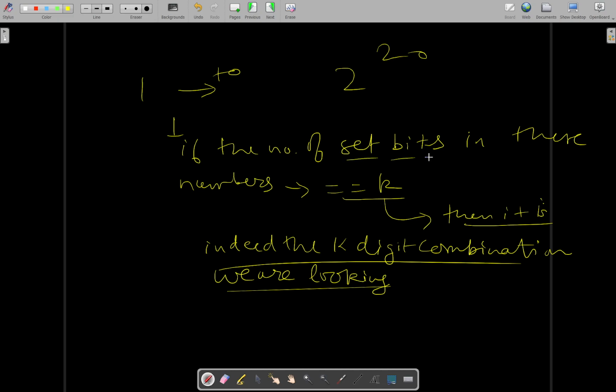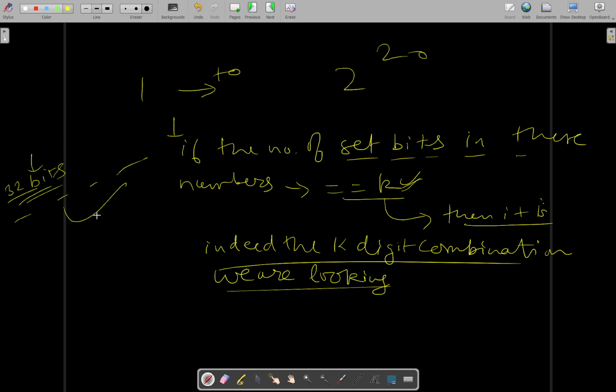We're counting the number of set bits. What are the set bits? An integer variable is of 32 bits. So we're counting the number of set bits out of these 32 bits. And if they happen to be equal to k, it will represent a k digit combination. I hope it's clear to you.